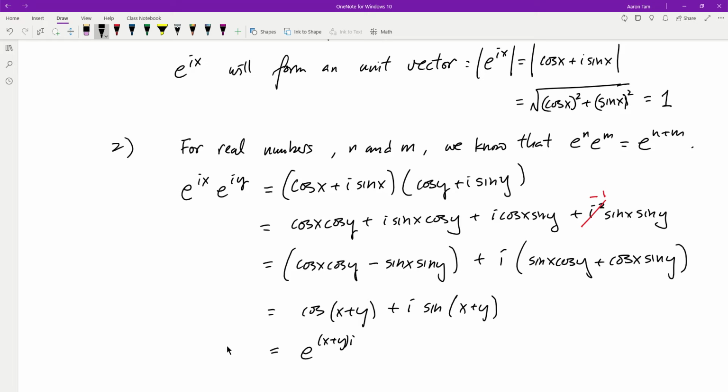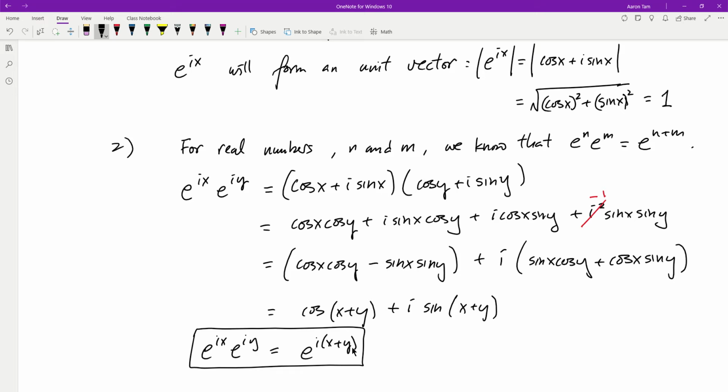And therefore showing that e to the ix times e to the iy is equal to e to the i times x plus y. Actually, maybe I should write it as i times x plus y, because I put the i in front.